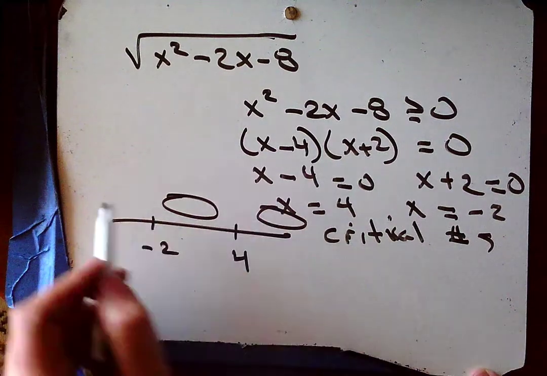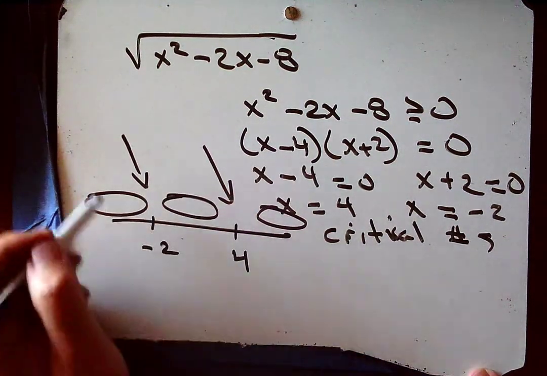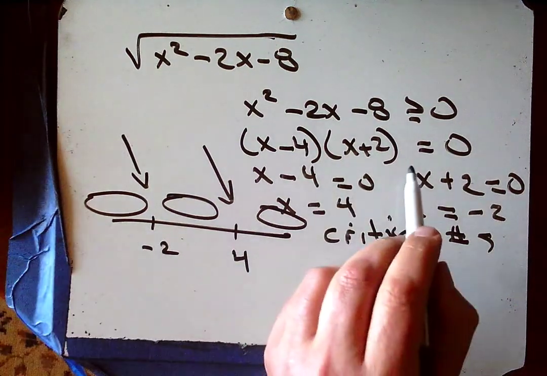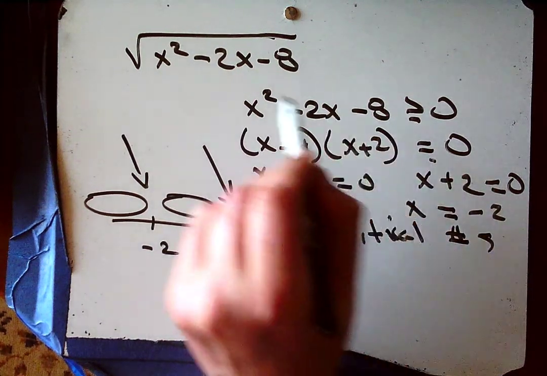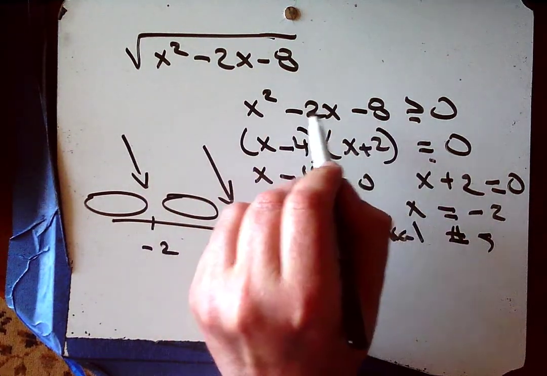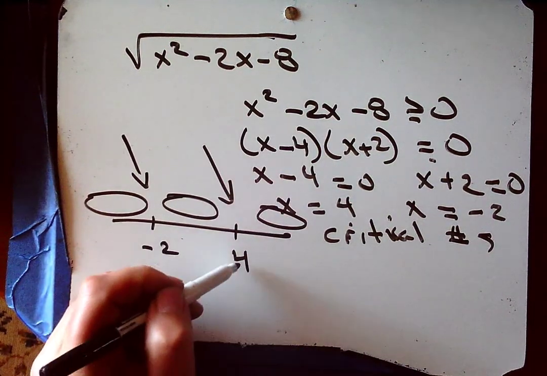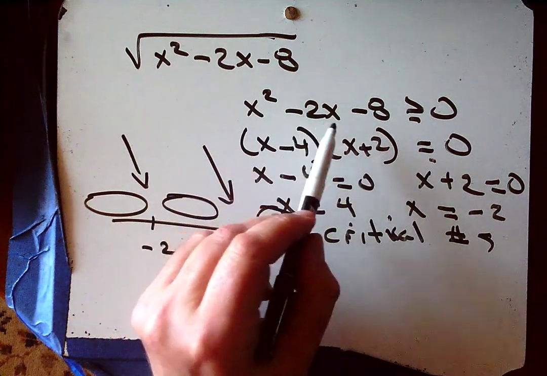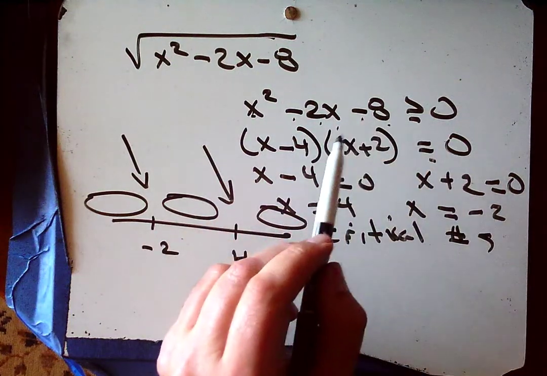See, I've got 3 intervals. I can even test the values themselves in the original problem. Not in this problem with the equal sign, but here, or even here I could. So if I plug in 4, 4 squared is 16, 2 times 4 is 8, so 16 minus 8 is 8, minus 8 is 0.